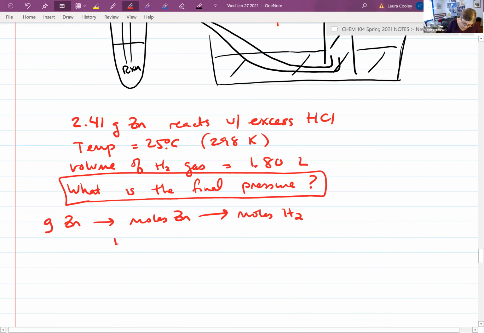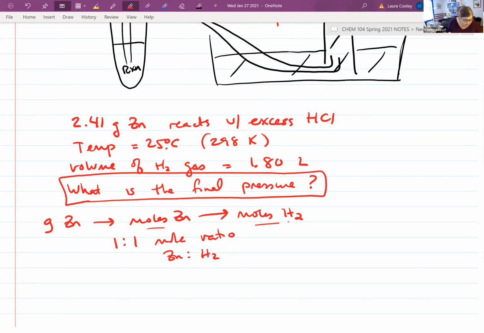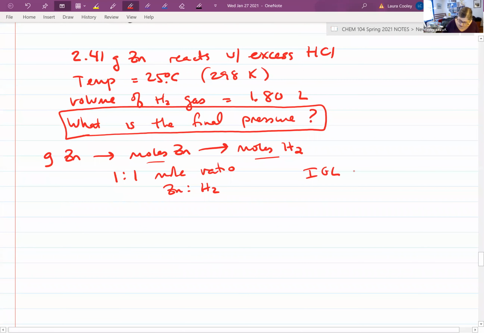Because we have a 1-to-1 mole ratio of zinc to hydrogen, the moles of zinc will equal the moles of H2. Then we're going to use the ideal gas law to find the pressure.